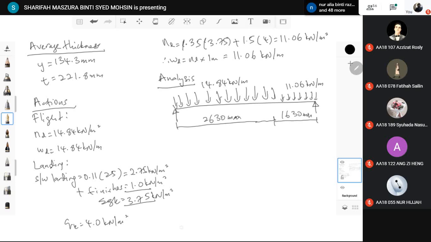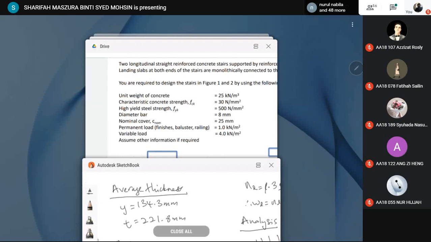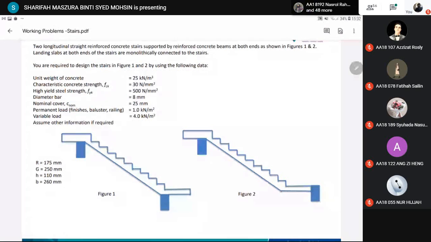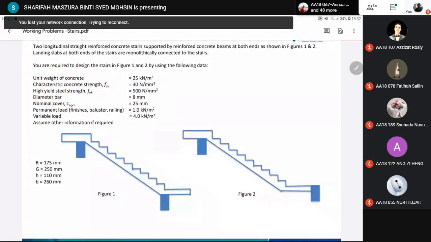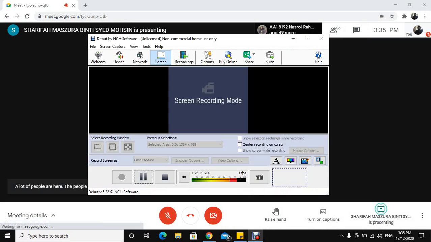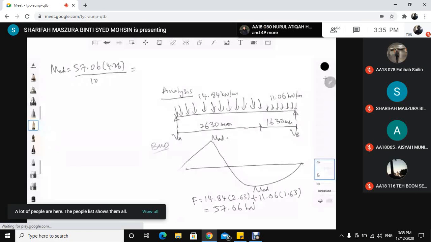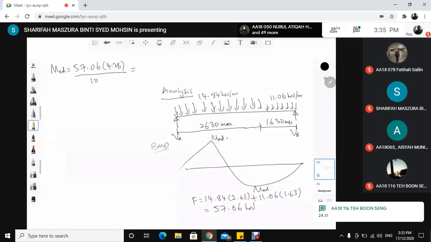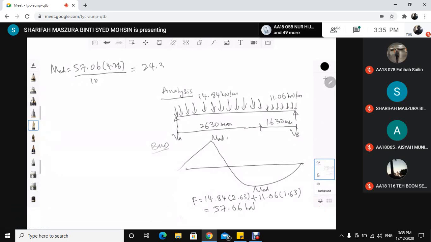So basically we are doing figure 2 now. All the specification is the same like previous calculation for the slab. So we get 24.31 kilonewton meter.